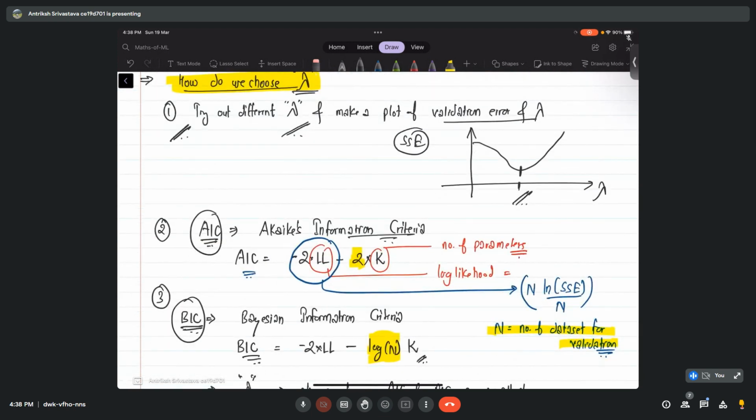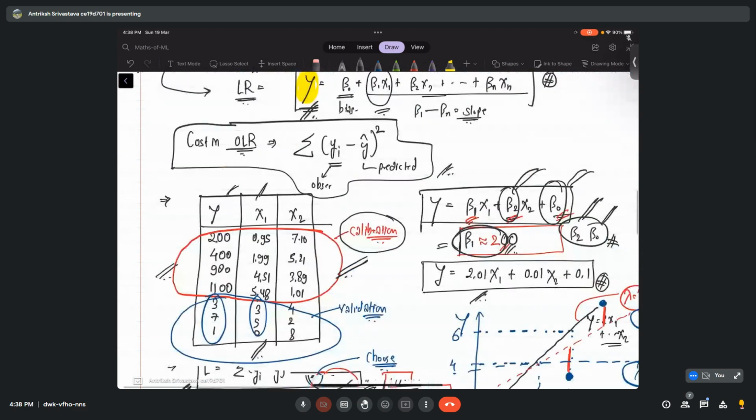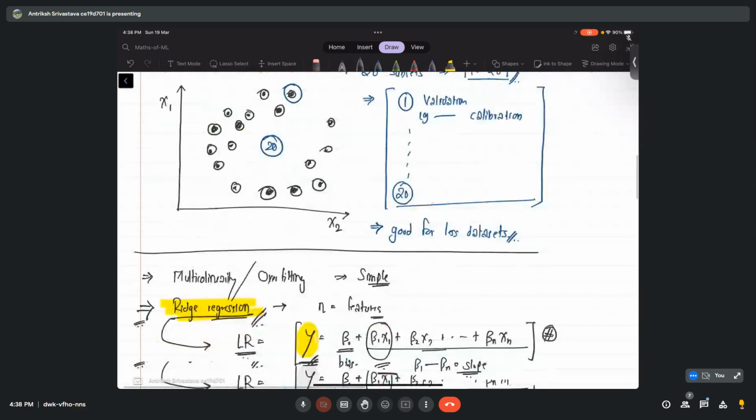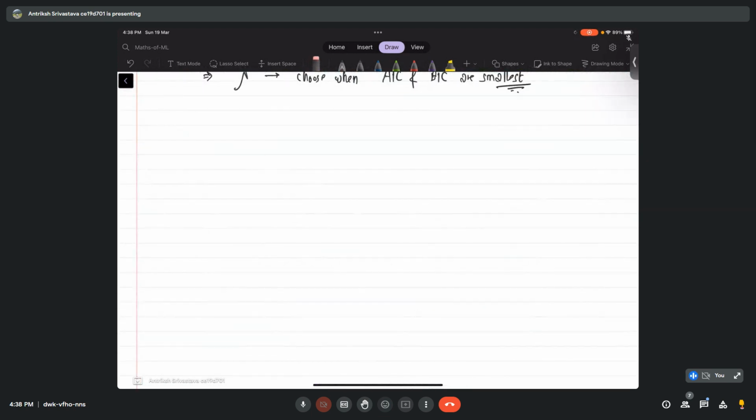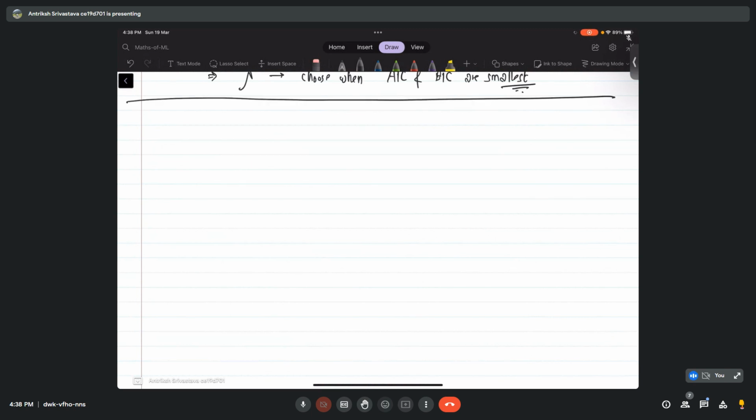And now we have covered the part of linear regression that was discussed in week 7. Let's come to the topic of neural networks. Artificial neural networks.